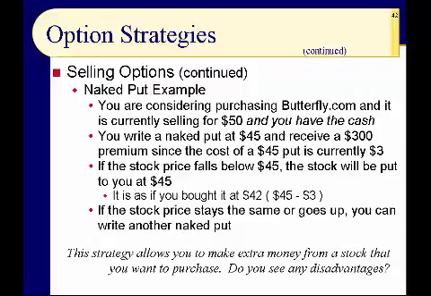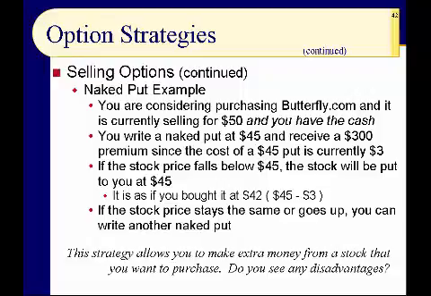So let's say it's selling for $3. If the stock price falls below 45, the stock will be put to you at 45. But remember, you received the $3 from selling the put. So it is as if you bought the stock at $42, because you had to buy it at 45, but you received $3 from the sale of the put.